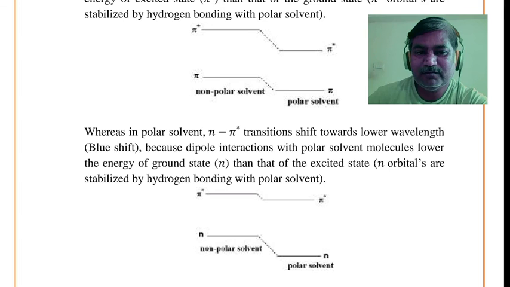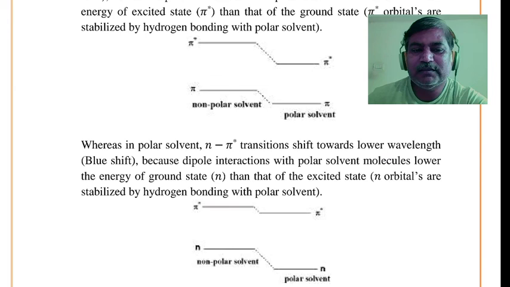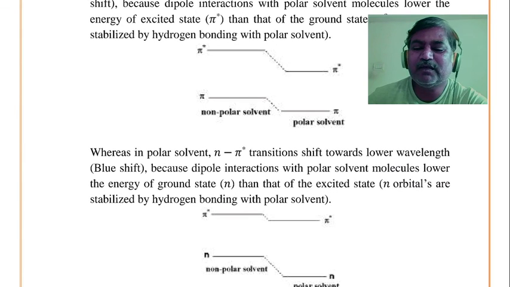Okay, because dipole interaction lowers the energy of ground state. Okay, ठीक है. So according to this, these are the two factors which affect the particular nature. Okay, thank you. This is our first half.